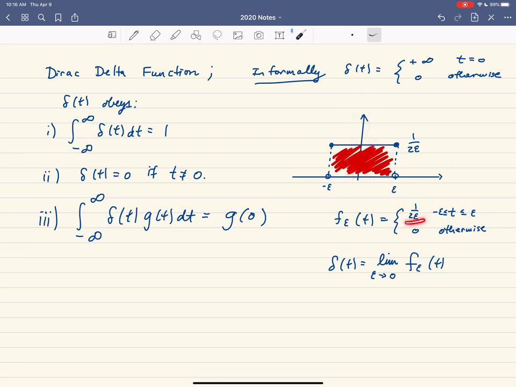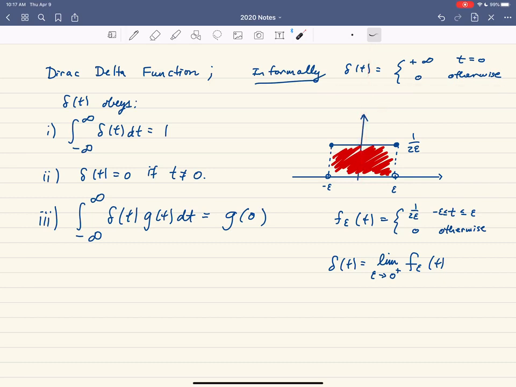Because we know that 1 over 2 epsilon goes to infinity as epsilon goes to 0. I should mention that this is just epsilon goes to 0 from the right. And so as epsilon gets smaller, the height of our rectangle is going to be larger. That's to make sure that the area of the rectangle is still going to be 1. And as epsilon goes to 0, this function's going to shoot off to infinity, and that's kind of where our intuition of delta of t comes from.